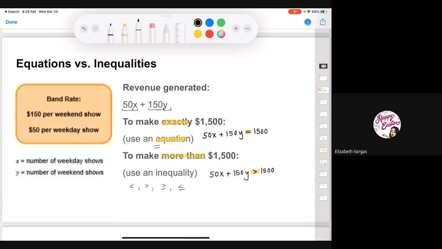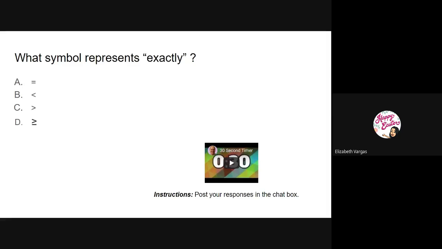Let me do a quick check for understanding so we know we can move on. Post your response in the chat box, and I'll give you 30 seconds. This is asking which symbol represents exactly. Which of these symbols represents exactly?